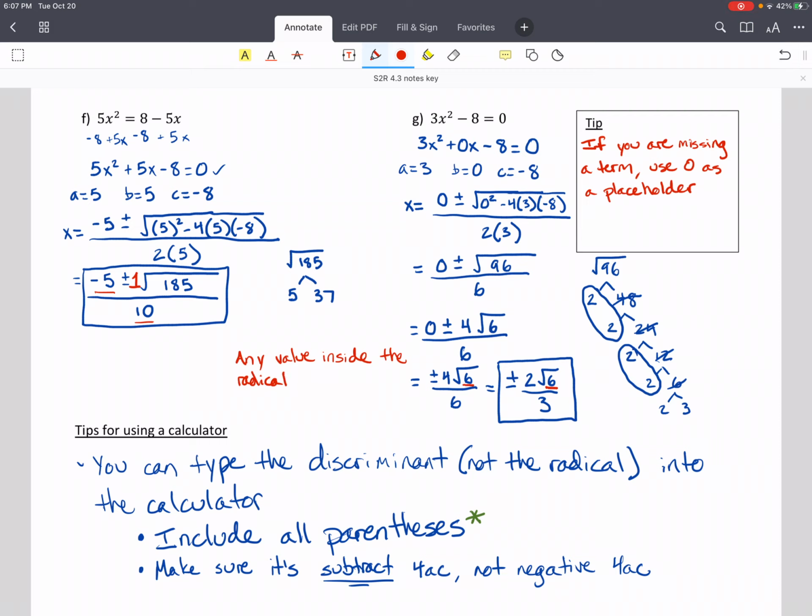A value inside the radical cannot be divided by numbers outside of the radical. That is why that root 6 stays the same. Okay, that's quadratic formula, friends.